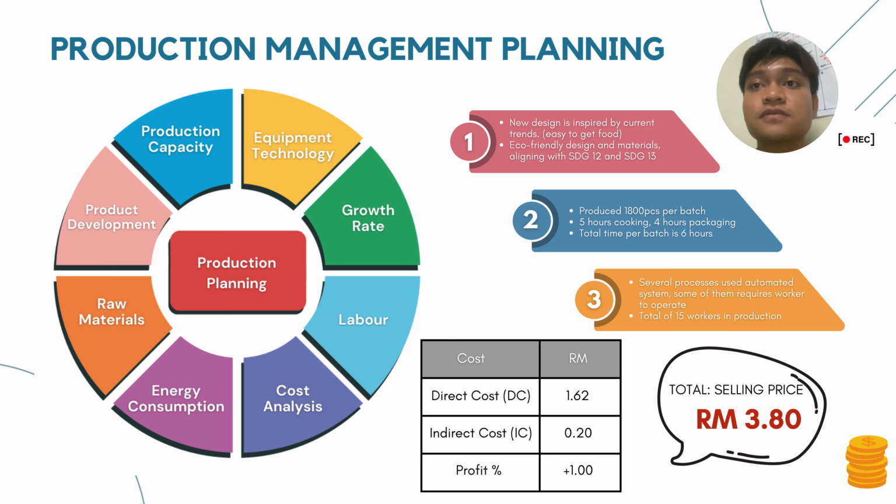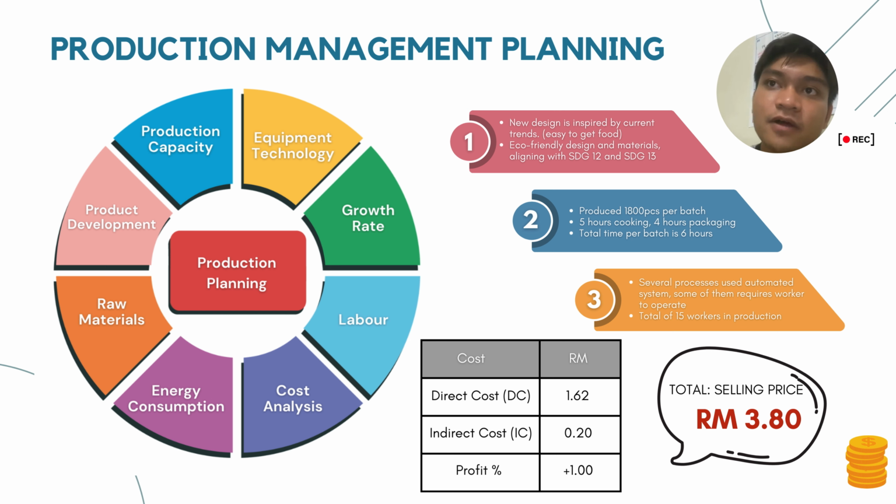There are several processes used in this production, just like I mentioned before: automation, automatic, or manual. For our production, we use around 15 workers, skilled persons to operate and also cook our product in a good method.